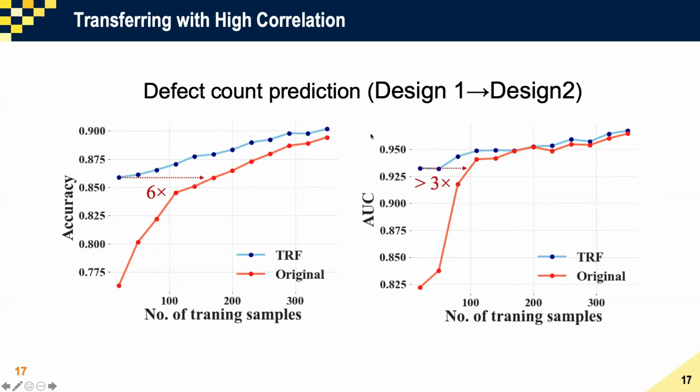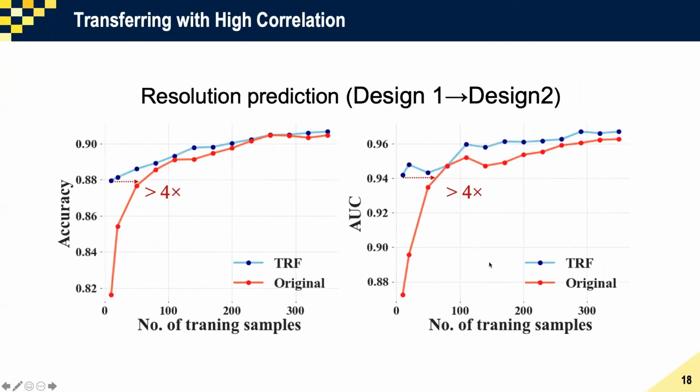However, the transfer RF outperforms the original RF all the time and achieves up to 6-to-1 data reduction. That is, for the same level of accuracy, transferred RF only needs 20 samples, while the original RF needs 120.